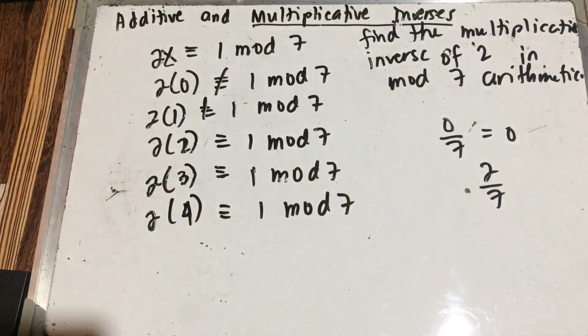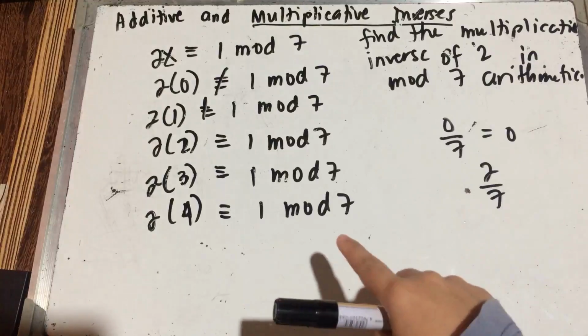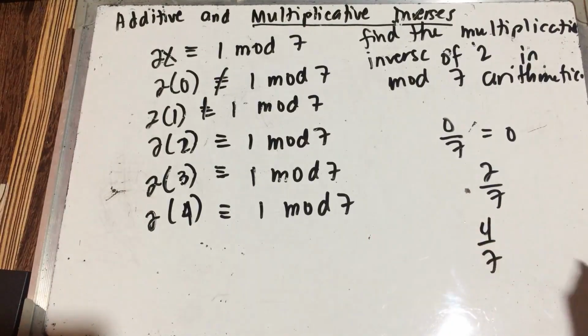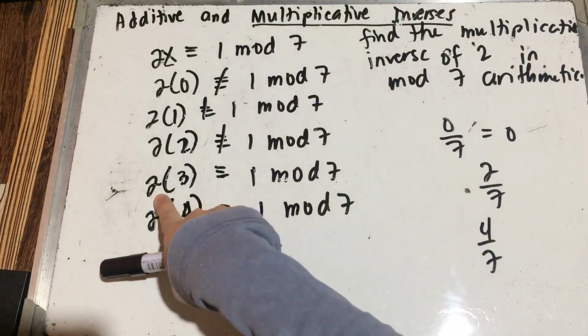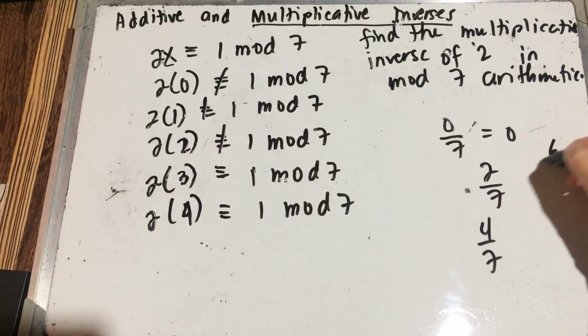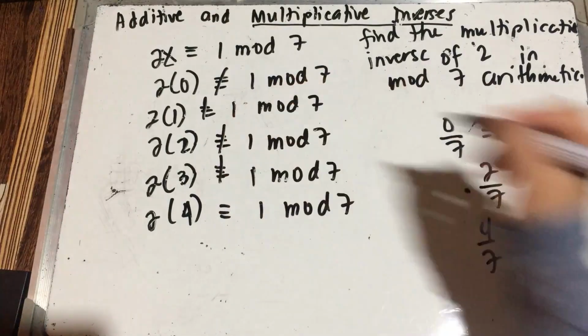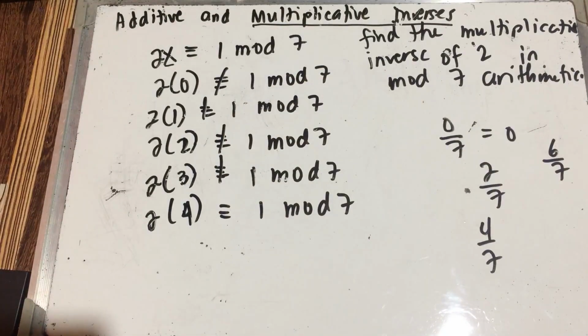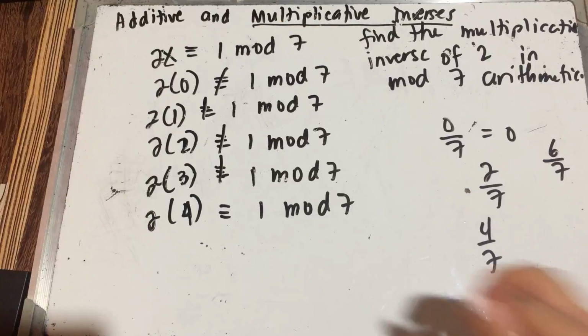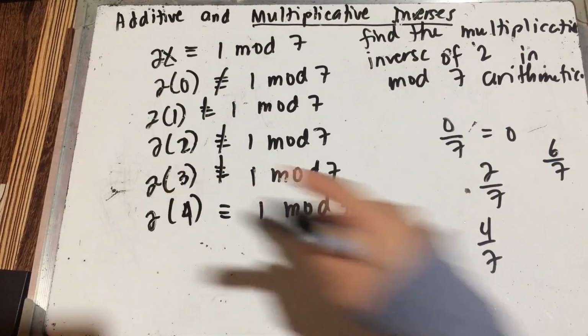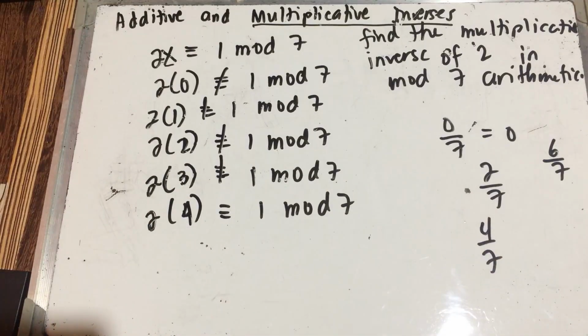Likewise, for 2, 2 times 2 is 4 over 7, so the remainder is not 1. Also, 2 times 3 becomes 6 over 7. We cannot divide 6 by 7, it would only become a decimal. Finally, we have 2 times 4, which becomes 8 over 7.